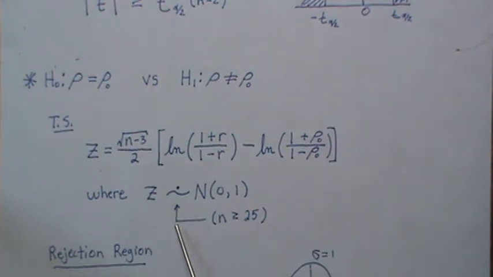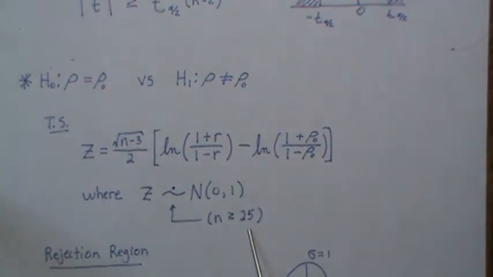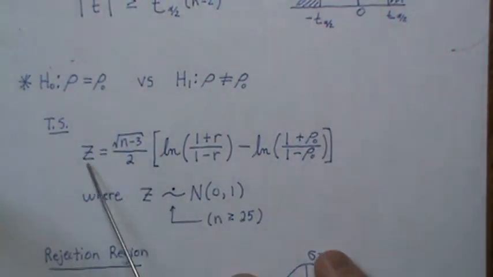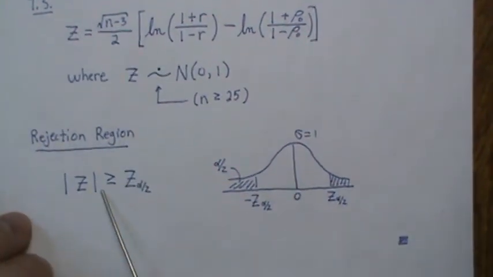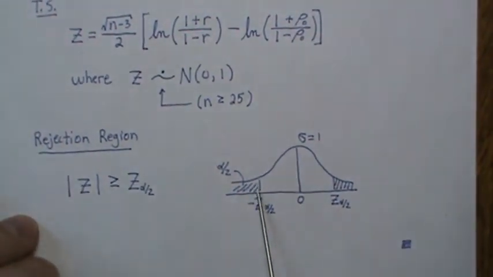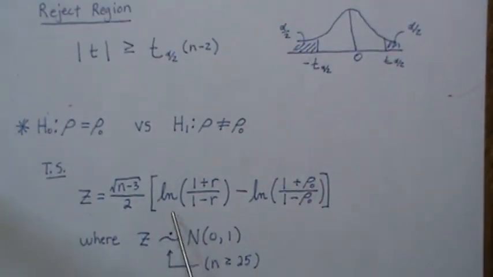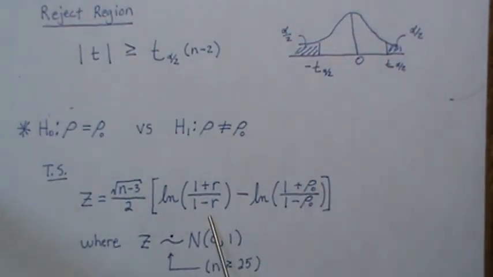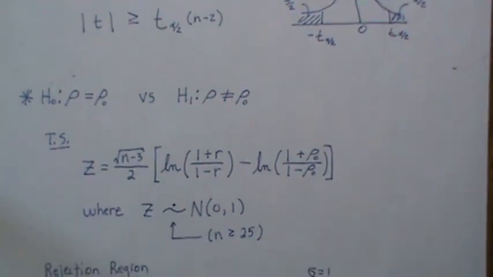And now, it's approximate, so we need at least n equal 25 data points. And then we reject if the absolute value of z is too big, which is equivalent to going in the tails. Now, we're not going to derive this test statistic. And actually, I've never seen the derivation of it, but I know this from books and class, and I know that's the correct test statistic.